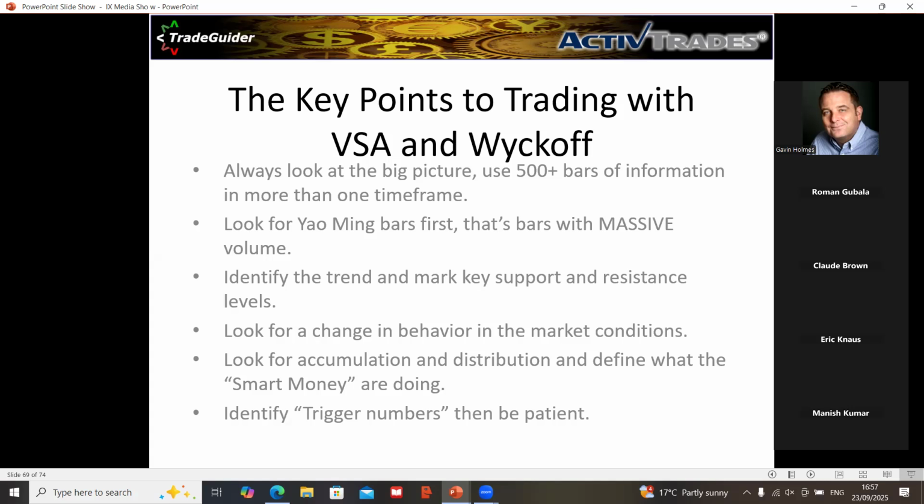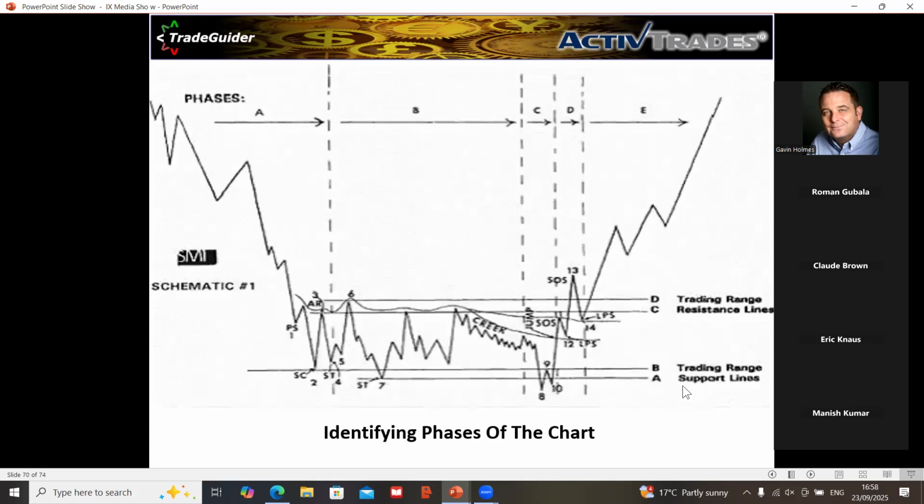Next, you look for accumulation and distribution. And then you define what the smart money are doing. That's pretty much what I've been doing on all my YouTube videos. And if you haven't watched them, that's fine. If you have, then you'll understand where I'm coming from. And then you identify what I call, and I've written about this in my book, trigger numbers.